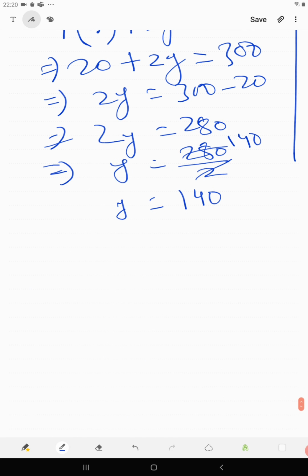So I hope you understood the basic concept of how to convert a problem to algebraic form and how to represent it graphically also. Okay, so of course in the next video I'll tell you how to find the solution graphically.